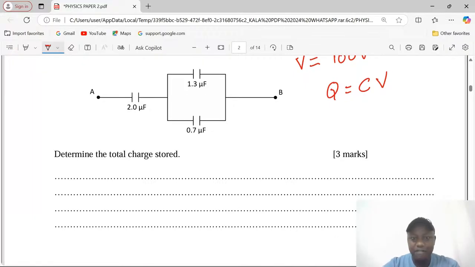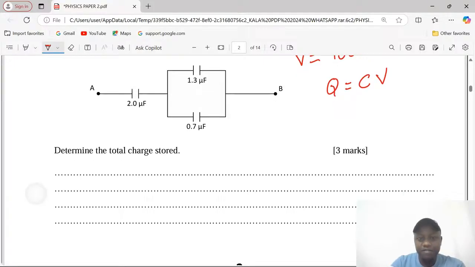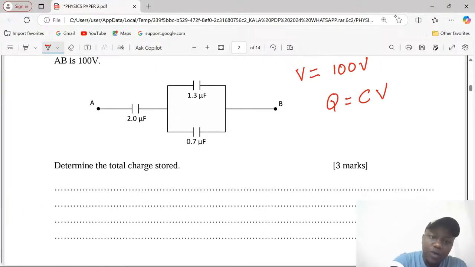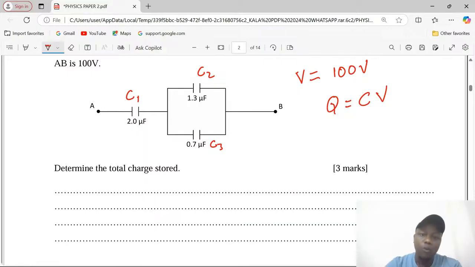What we will calculate first is the effective capacitance. If we call this one capacitance 1, capacitance 2, and capacitance 3, now we can work out the effective capacitance in this combination of capacitors. When capacitors are in parallel, like C2 and C3, we get effective capacitance by adding the individual capacitances.